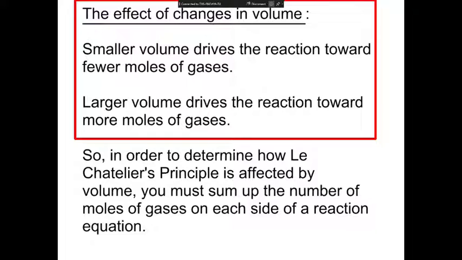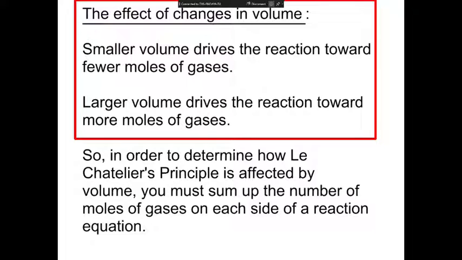The reason this happens is because both molarity and partial pressure are related to volume in some way. So if you change the volume, you actually are changing the concentrations of your gases. An easy way to remember it is that fewer moles of gases fit better in small volumes and more moles of gases fit better in large volumes. So it's an easy way to make your prediction.